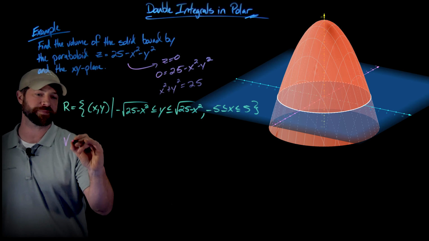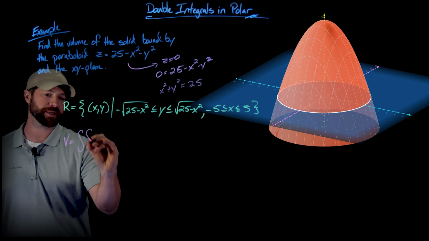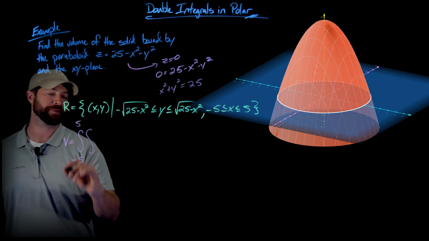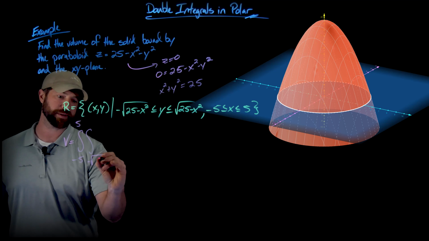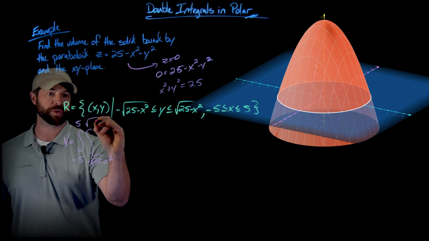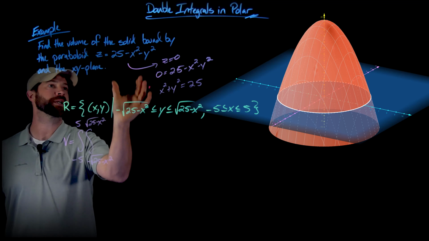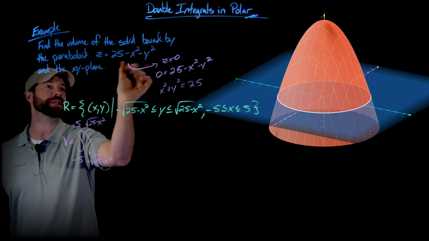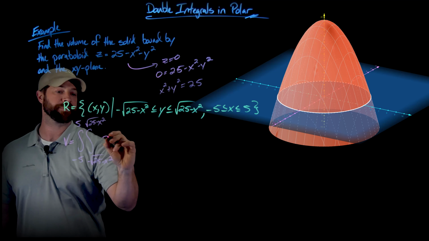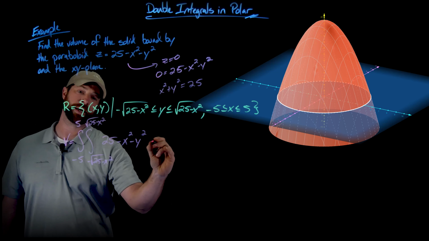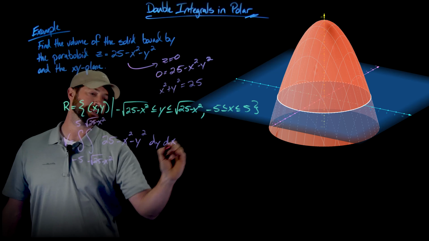But we could calculate the volume here by taking the double integral. For x, it's going to be from negative 5 to 5. And for y, it's from negative square root of 25 minus x squared to square root of 25 minus x squared. Our function here, f of x, y, or z equals, is 25 minus x squared minus y squared, dy dx.